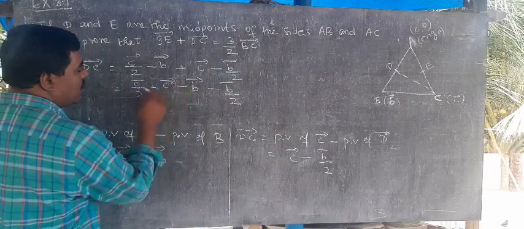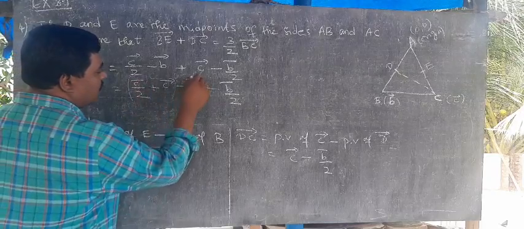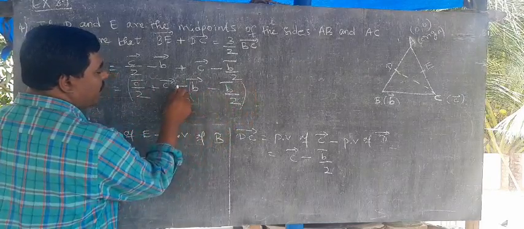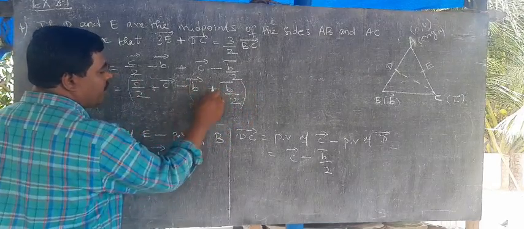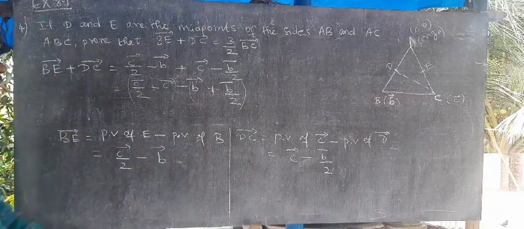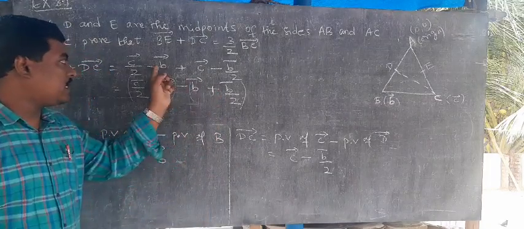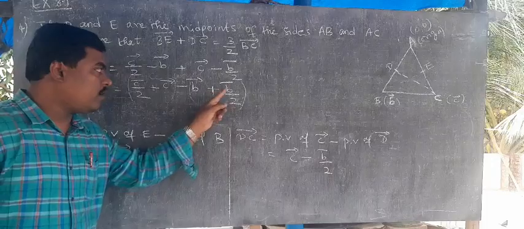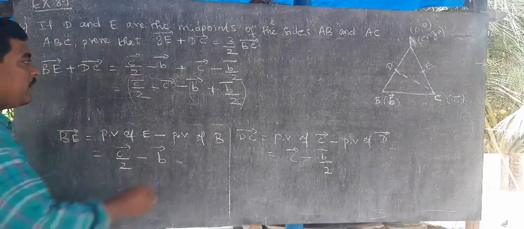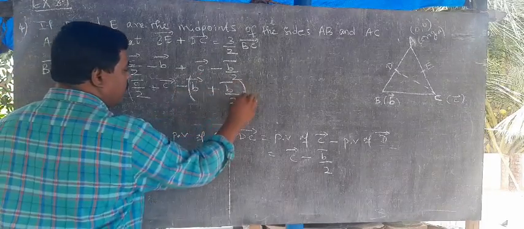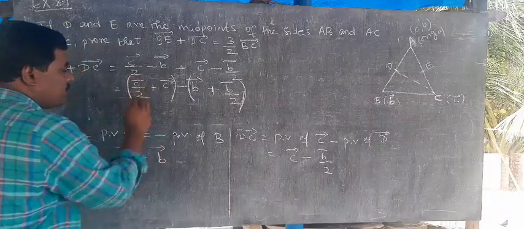Listen. Like this I put brackets, means I take minus common, here we are having plus. Minus into B vector, minus B vector, minus into B vector by 2, minus B vector by 2. So I write one bracket for the two terms.